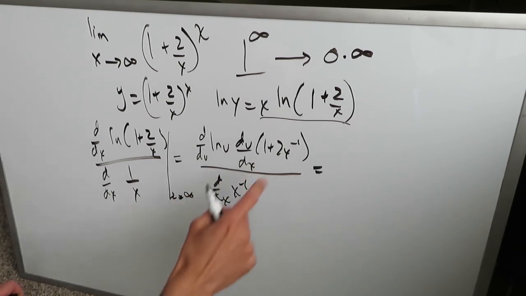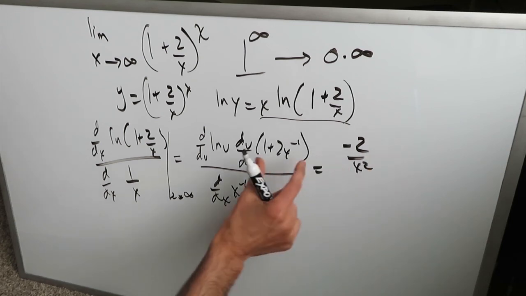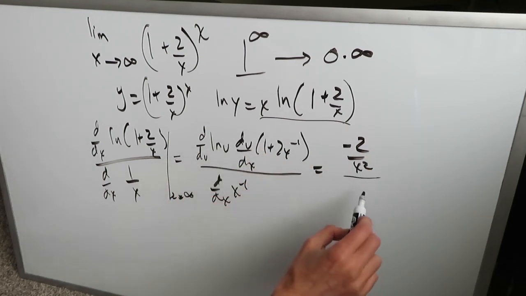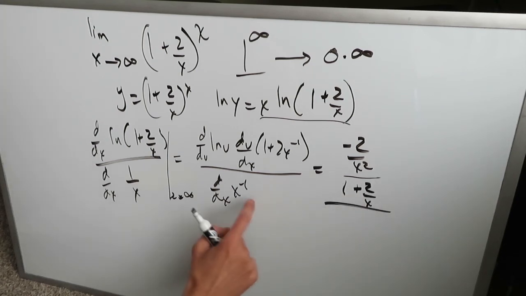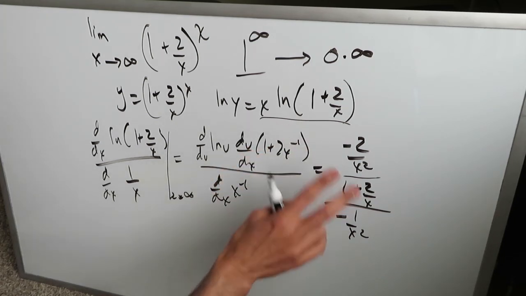When you do the derivative of this, you'll get a minus 2x to the minus 2, which will be minus 2 over x squared. That's just this part right here. And then this ln u will be 1 over u, and that will be 1 plus 2 over x. And then this right here alone will generate minus 1 over x squared. So you have to channel all of this out in your calculations. But you keep this as is and just flip this around.